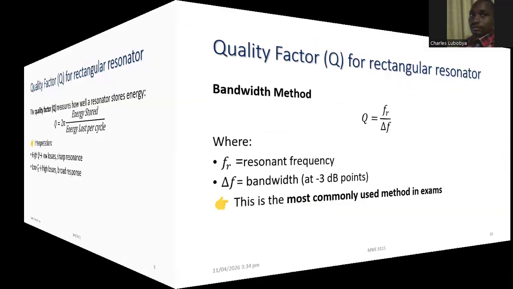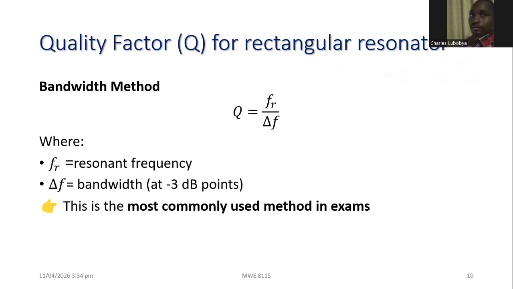Discussing further on the quality factor, my next slide shows the relationship of quality factor and the resonant frequency together with the bandwidth, where change of F is essentially your bandwidth. This is the most commonly used method in exams for calculating the quality factor.